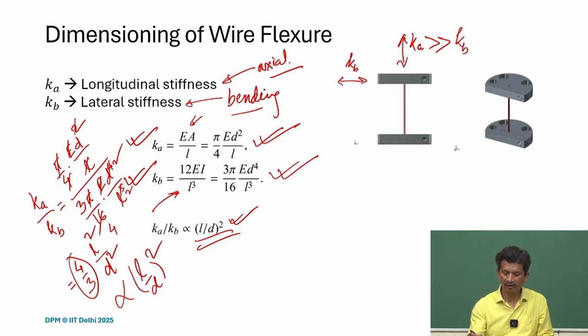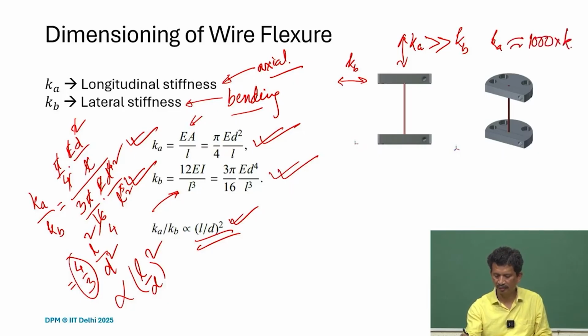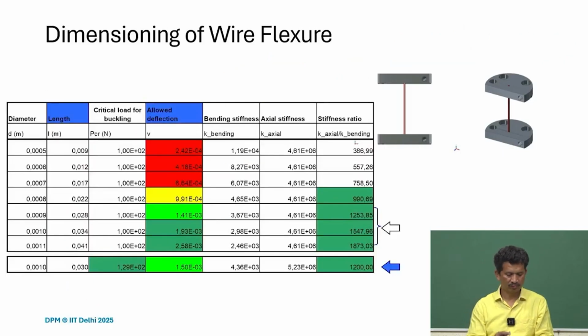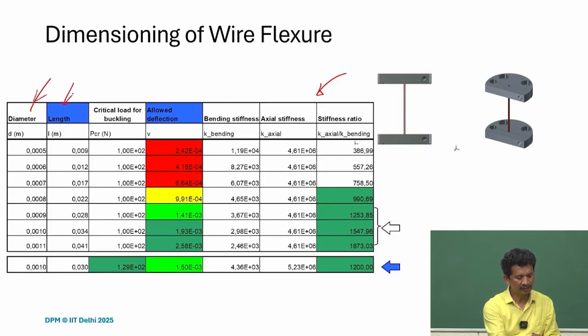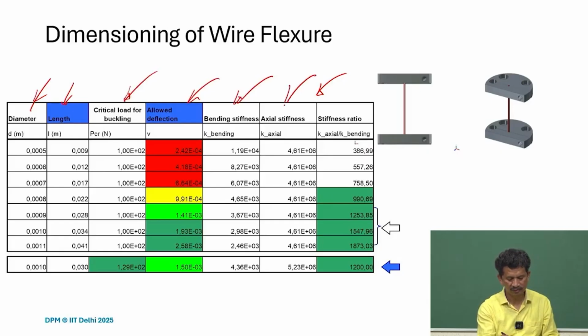Suppose generally we say that Ka should be maybe 1000 times Kb, so that we can comfortably say that most of the load is shared by the constant direction, or Ka. So we can work with any kind of program, or even with the actual sheet we can prepare diameter, length, critical load for buckling, allowable deflection, bending stiffness, all this, the ratio we can put.